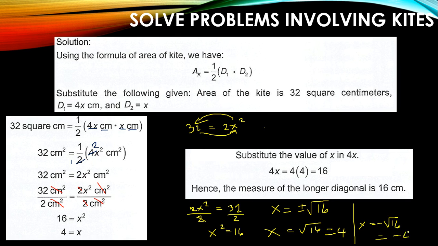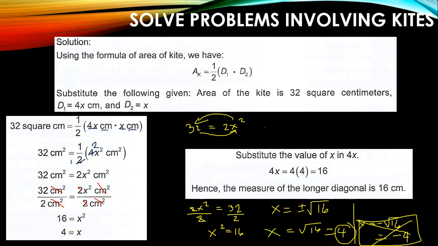Then you're going to choose which of these two is the correct value of x. Now in the problem, the measurement must be positive, so there is no negative measurement. So let us disregard or remove this one since it is negative. So we choose the value which is 4.